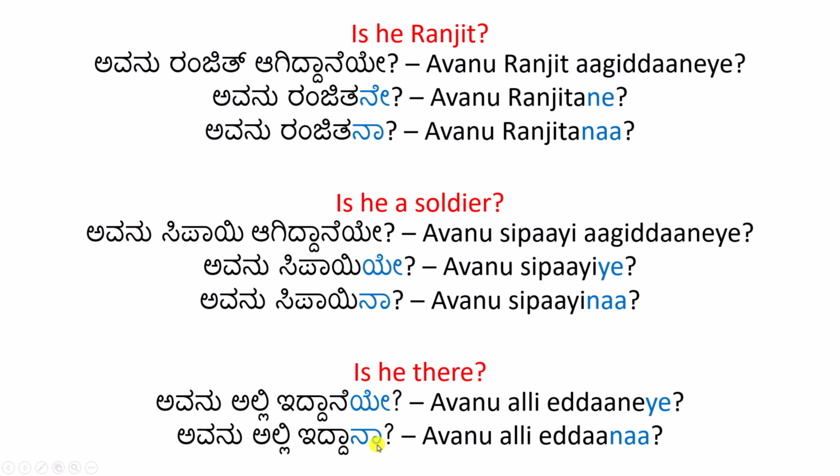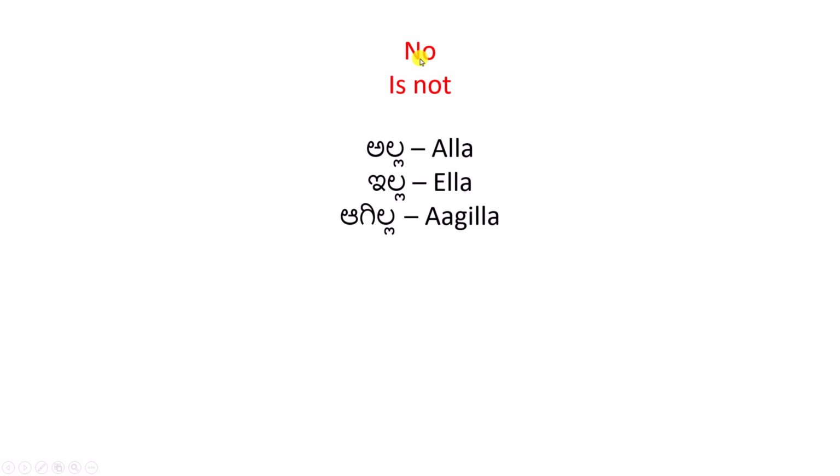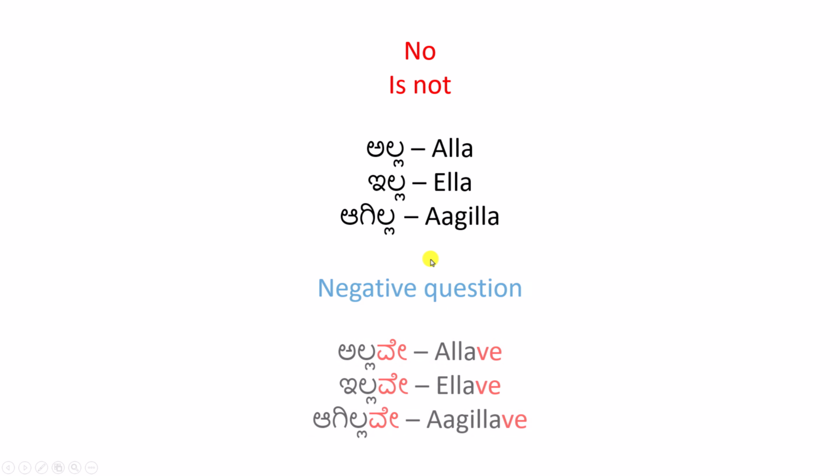Okay. Now, if you use ಅವರು, then this must be ಇದ್ದಾರ. Alright. Next, you know that we use alla, illa and agilla for no and also is not. Right? Now, to form a negative question, all we have to do is add ve to these three words.